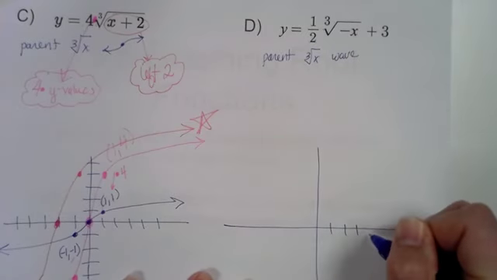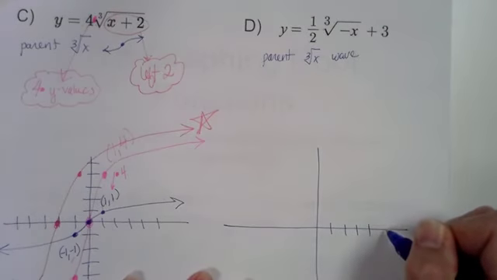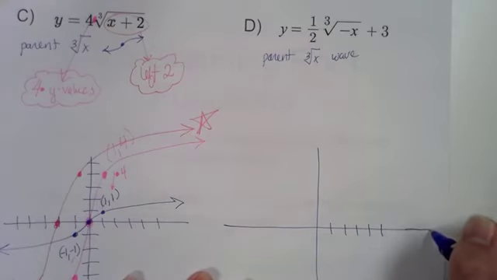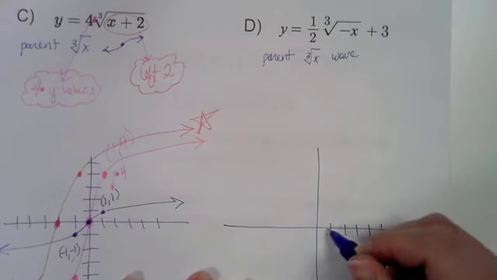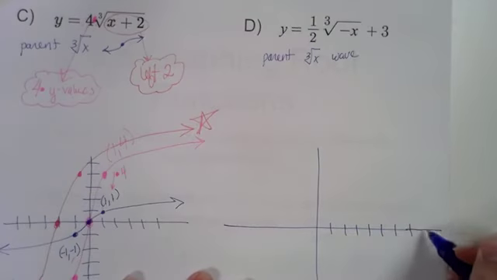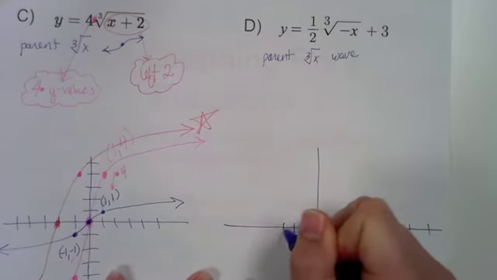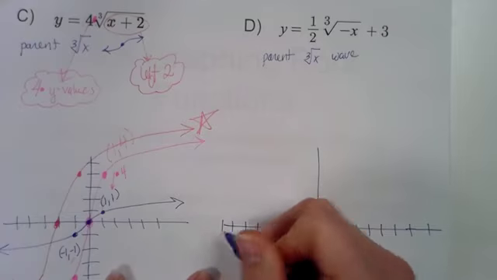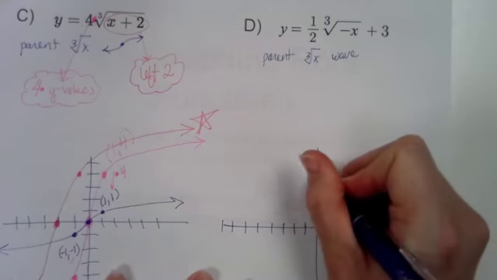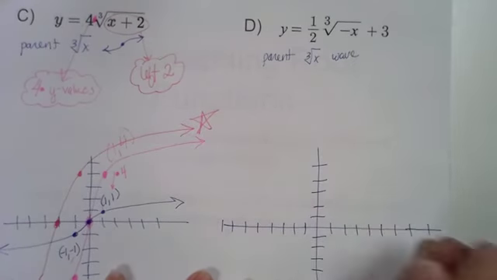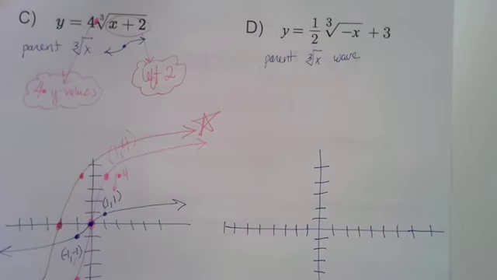1, 2, 3, 4. I have to go all the way to 8, I believe. 1, 2, 3, 4, 5, 6, 7, 8. 1, 2, 3, 4, 5, 6, 7, 8. 1, 2, 3, 4, 5, and 1, 2, 3, 4, 5. All right.